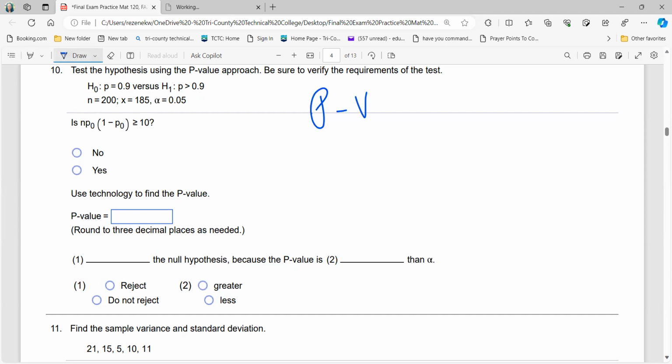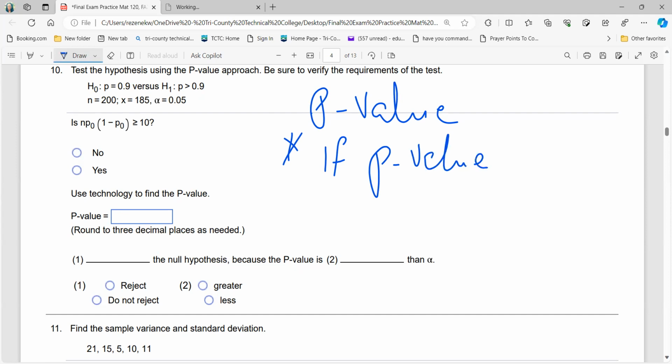Important: if p-value is greater than alpha, you accept the null hypothesis, H0, which is the status quo. Otherwise, reject the null.